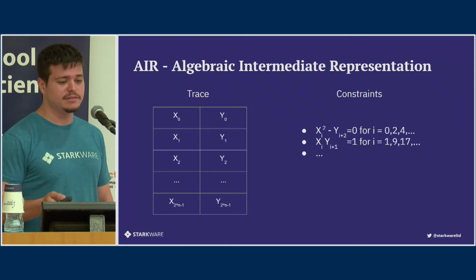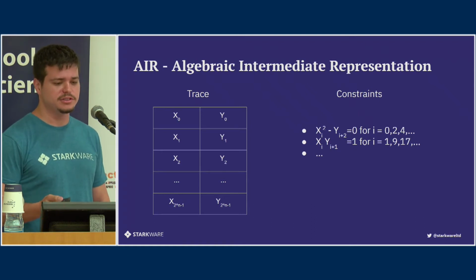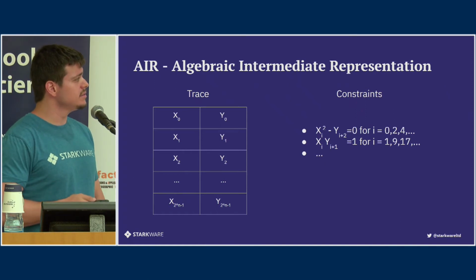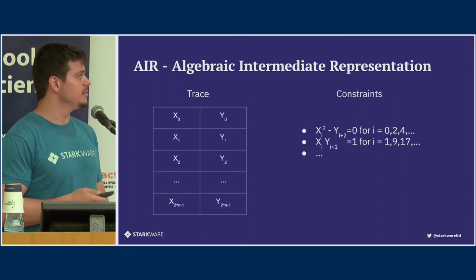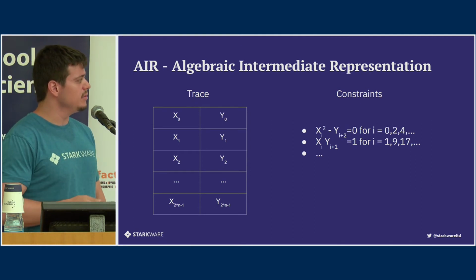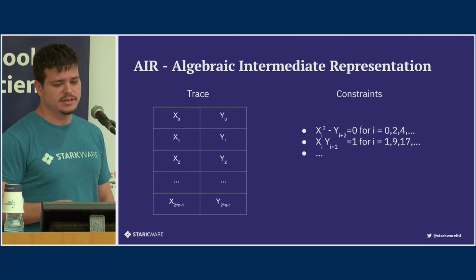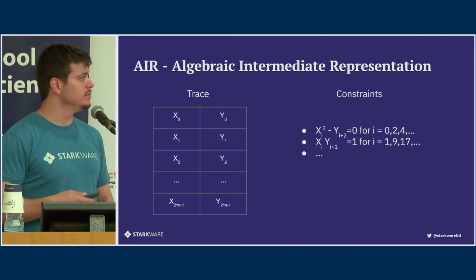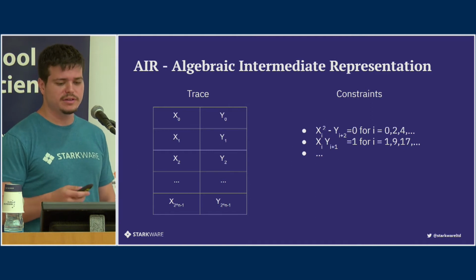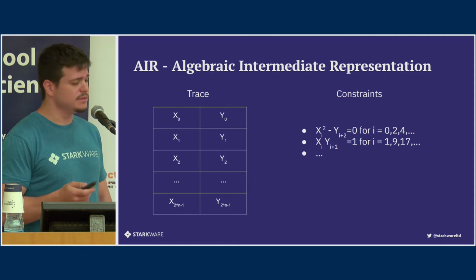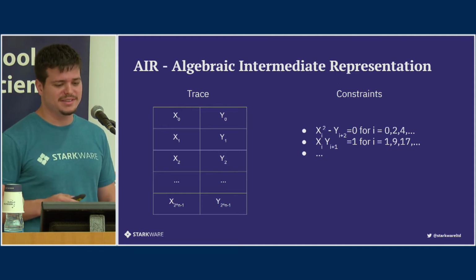So what does an AIR look like, this representation? We have this table we call the trace. It has some constant number of columns, and the number of rows is a variable power of 2. Each element is a field element, and we work in a 256-bit field, more or less.